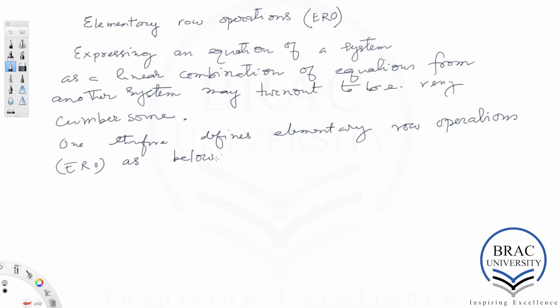Okay, so we need some notations. So consider the system of linear equations 1. Let me write it for you if you don't recall it. It was a11 x1 plus all the way up to a1n xn equal to y1.